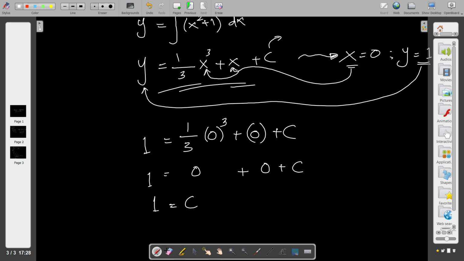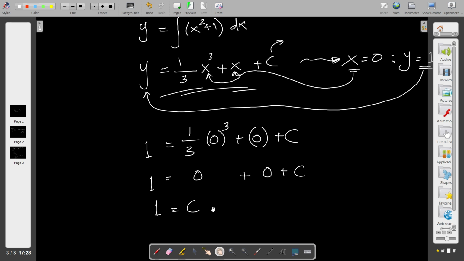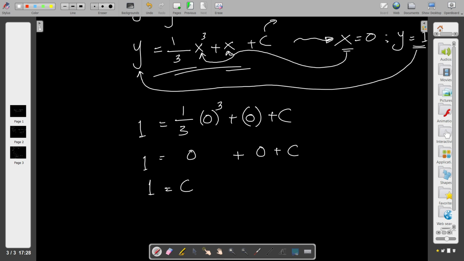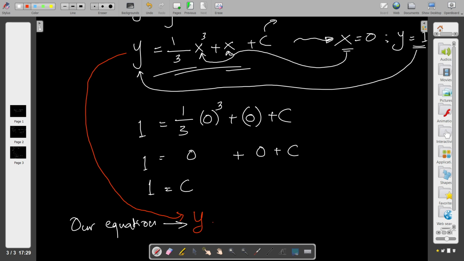Okay, and because we already found the value of c, then our equation will be y equals 1/3 x to the power of 3 plus x plus c.